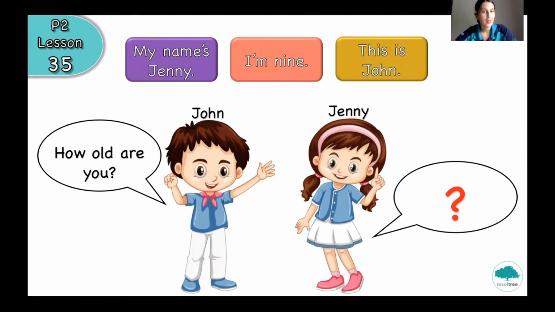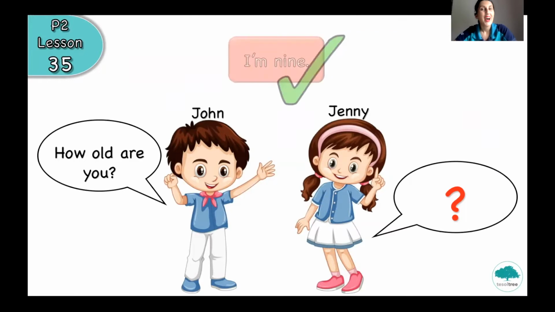My name's Jenny, I am 9, or this is John. Okay, try to guess, P2. I am 9. Very good. That's the correct answer. If you want to say about age, you will ask, how old are you? And then you will answer, I'm 9, for example, as Jenny says.